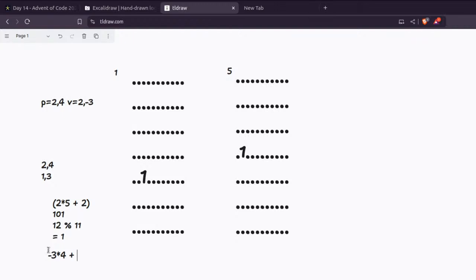We need to add the position of this with, sorry, what I'm doing here is 5 and this should be 4, and this makes 15 plus 4, sorry, minus 15 plus 4, that is minus 11. And what was the boundary? It was 7.